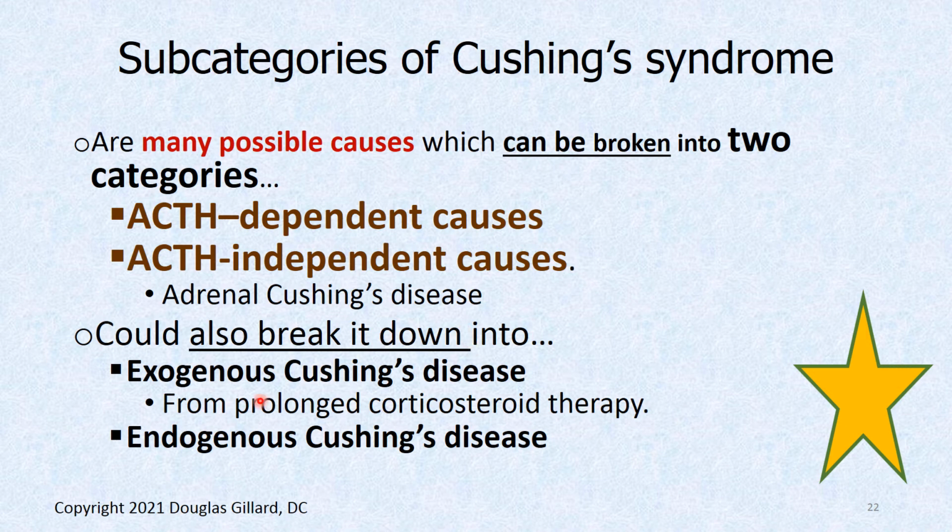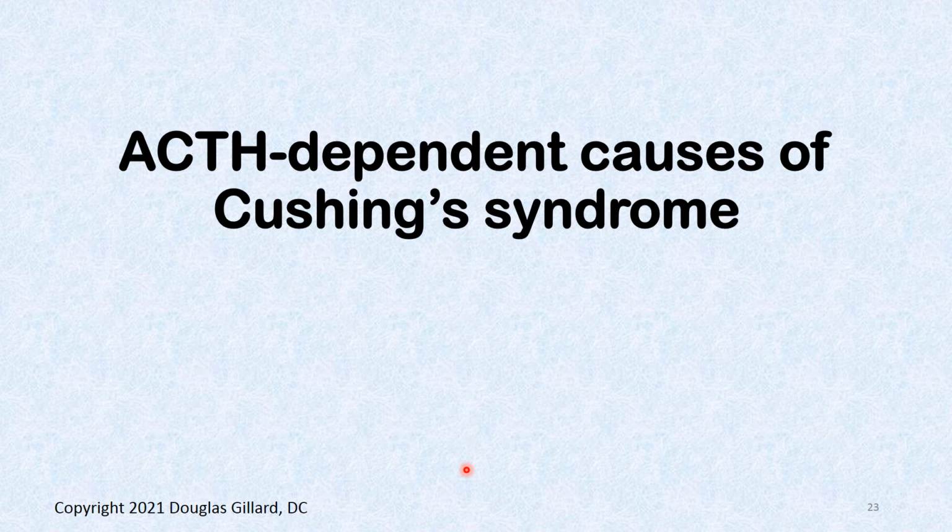Some people break it down into exogenous Cushing's disease from prolonged use of corticosteroids and endogenous Cushing's disease, which is from tumors, and we'll look at all that stuff in a minute. So that's another possible breakdown. So let's look at ACTH-dependent causes first. So that means that this type of Cushing syndrome depends on the oversecretion of ACTH.